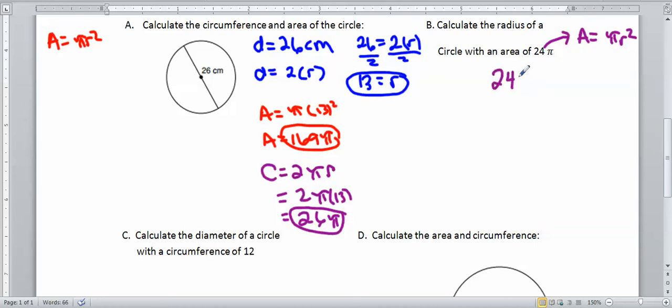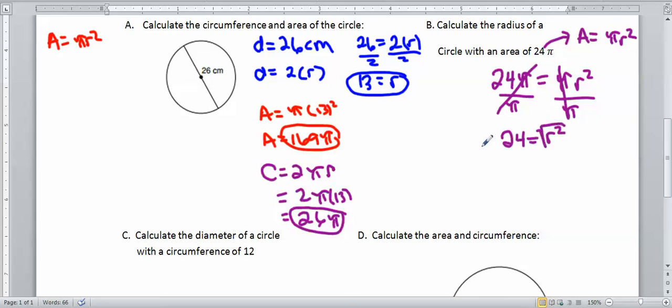So I get 24 pi equals pi times r squared. Now, in order to solve for r, I need to get r by itself. So I'm going to divide both sides by pi. When I do that, these pi's cancel out and become 1. So I get 24 is equal to r squared.